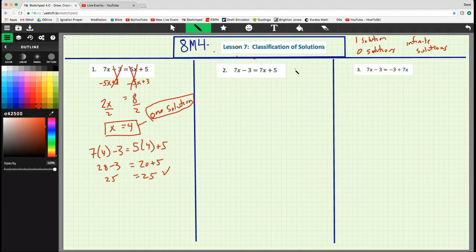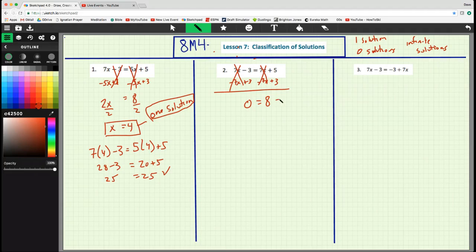Now, I guess you can probably guess that one of these is going to be infinite and one's going to be 0 solutions. So let's get going. We'll add 3 and we'll subtract 7x from both sides. X's cancel. Up on the left side, I have 0. On the right side, I have 8. Now we have to think. What is this? 0 equals 8.